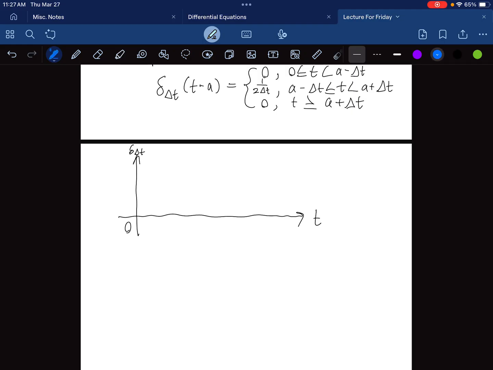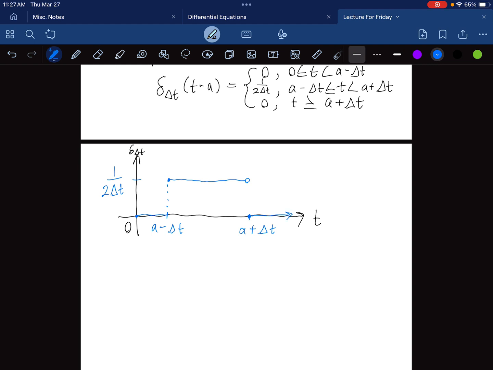For t up to the point of a minus that small difference of change, it's going to be 0, and then it's going to jump up to 1 over 2 times that small time difference. And it's going to stay there until we get to the point of a plus that delta t. And then it's going to jump back down to 0.